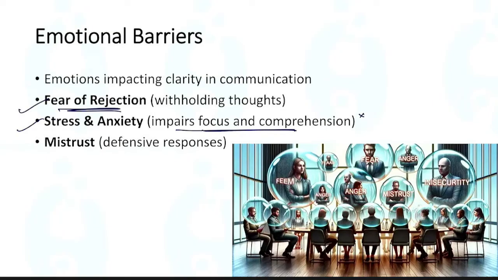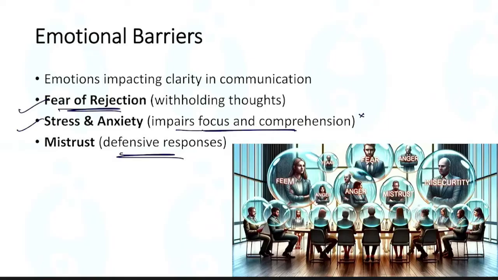Next one is mistrust. If the communicators, the sender and the receiver, do not have proper trust or rapport, then there will be a defensive response or defensive atmosphere. For example, let's take a strict teacher and a delinquent student. There you can see there is mistrust. The strict teacher will not have trust in the delinquent student, so the teacher won't properly tell whatever is in their mind.